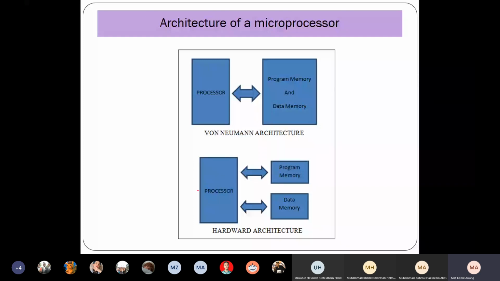This is the hardware architecture of a microprocessor. You have the processor, then you have the program memory and data memory, so it's separated. Von Neumann, basically, is together in the memory. Okay.